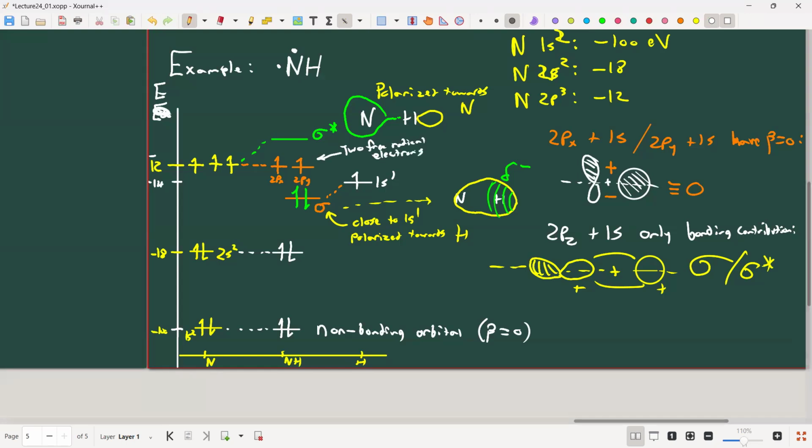Okay. And the important thing here is that because of the way that the bonds are polarized, look at the bonding interaction, these electrons, right? The predominant electron density is on the hydrogen. It's just telling me again that you would think nitrogen is a polarizing atom. It's electronegative, wants to pull electrons away.